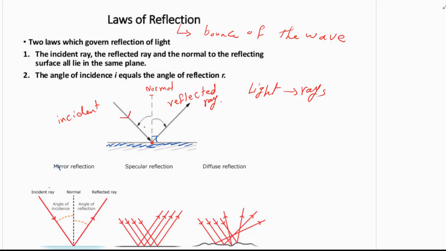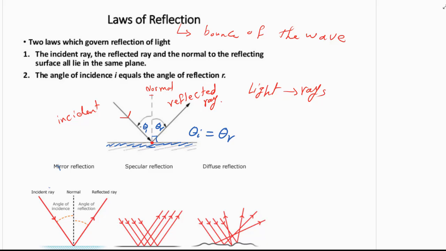In this situation, you will find this angle, which is called theta 1, or theta incident. This angle, the incident angle, equals the reflected angle. So theta incident equals theta reflected.